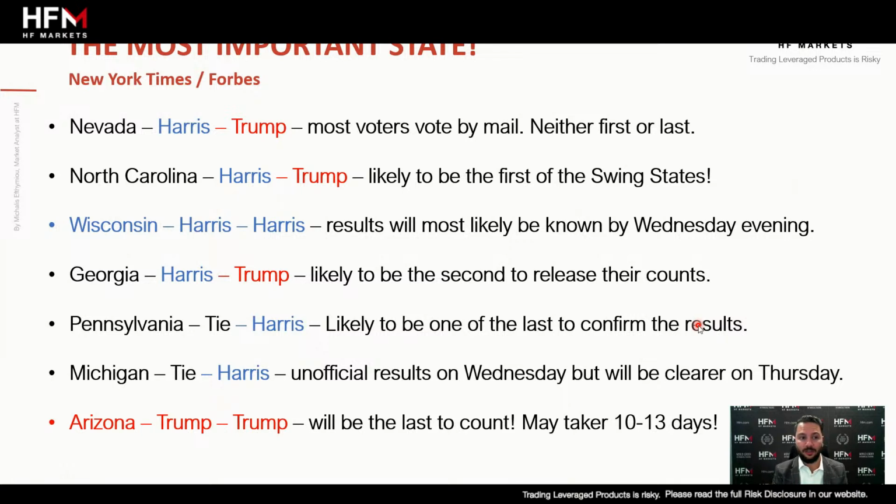The same thing we also need to take into consideration with the elections. When we know who is likely to be president-elect, that's where we're going to see most of the volatility. And the most important things, like I said, will be the swing states. So you can see here the most important states.